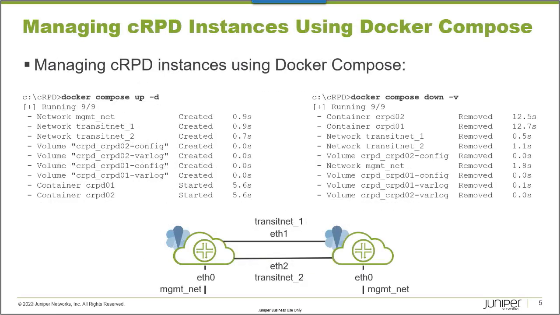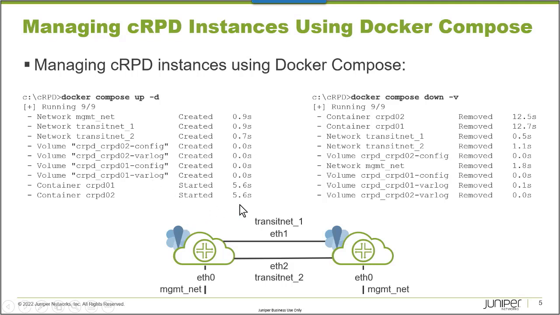Here's an example of using the Docker Compose command, the docker compose up -d to run in detached mode, so I get my prompt back, and it will load the Docker Compose file I have created. It creates 3 networks. I'll show you those networks. It also creates 2 volumes. Each cRPD instance needs a volume to store its configuration data, and also another volume to store logging information.